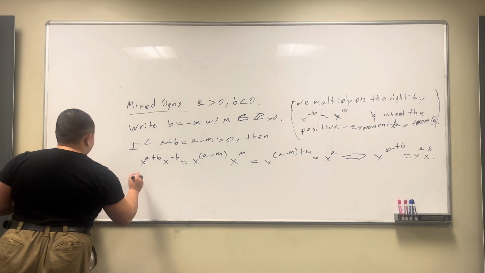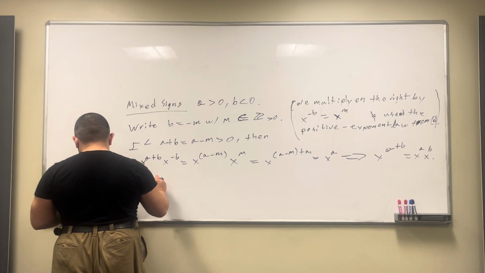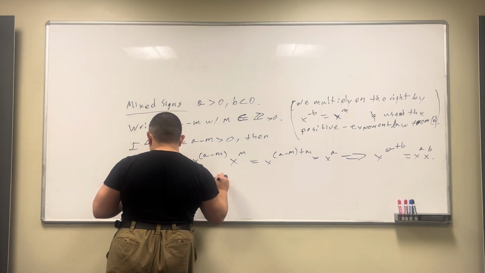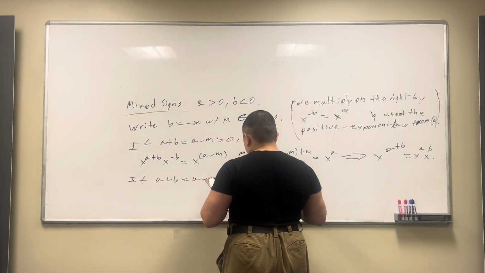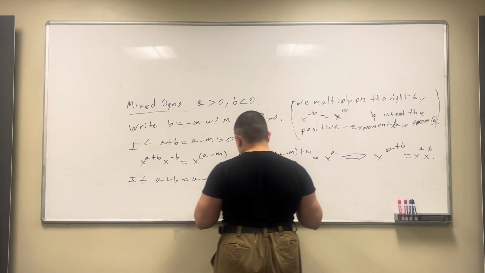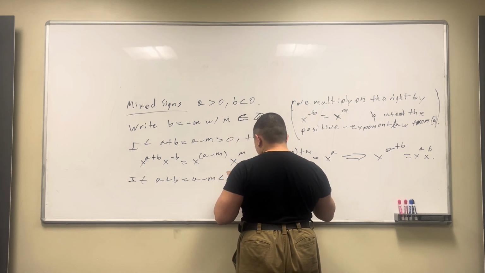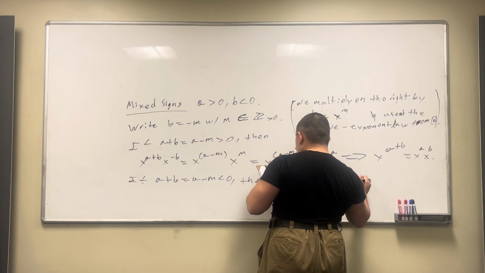In this case, if a plus b is equal to a minus m, which is less than 0, then negative a plus (a plus b) is equal to m minus a, greater than 0.